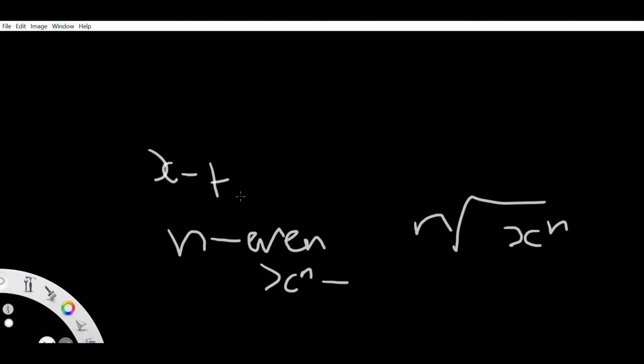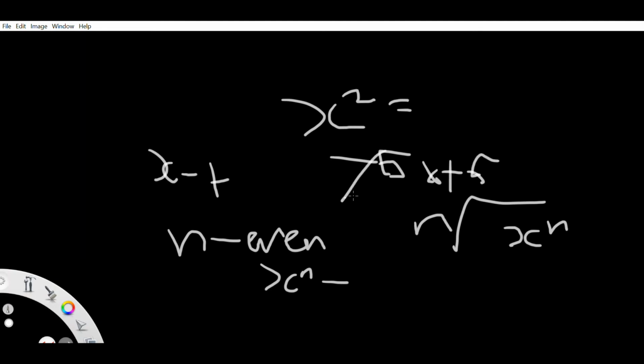Suppose x is negative, like negative 5, and n is even, then x to the power of n is positive, because a negative number to an even power always gives you a positive number. Even if it's negative 5 to the power of 2, negative 5 times negative 5, the negative symbols cancel each other out and it becomes 25, which is positive.